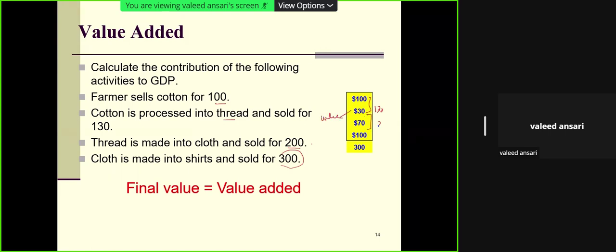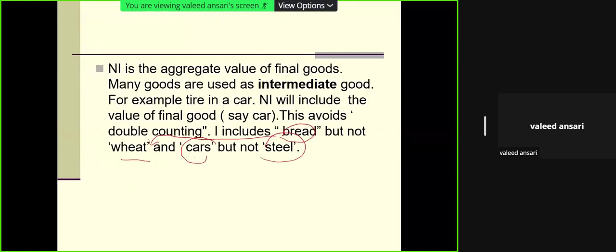It was sold at 200, so the value addition is 70 here. Similarly, like this, you can understand the value addition at each stage. So either we take into account the value addition or only take the value of final goods and services.